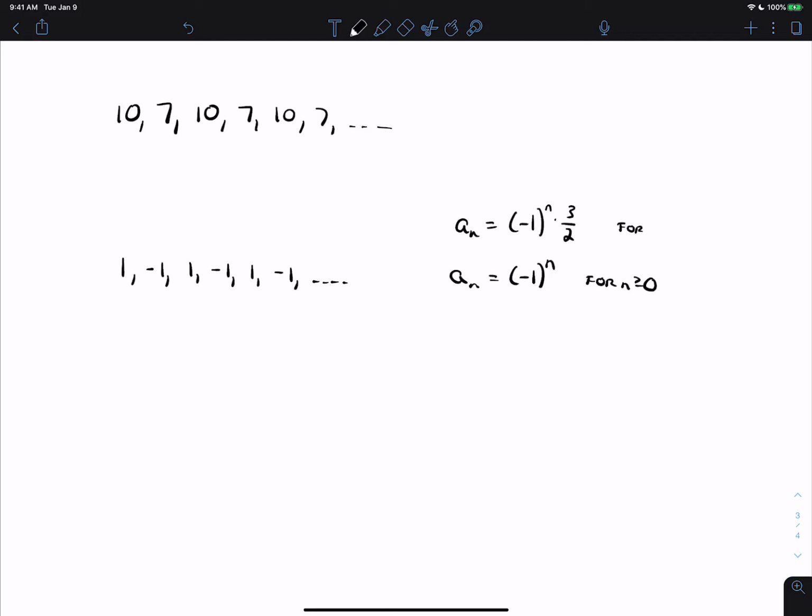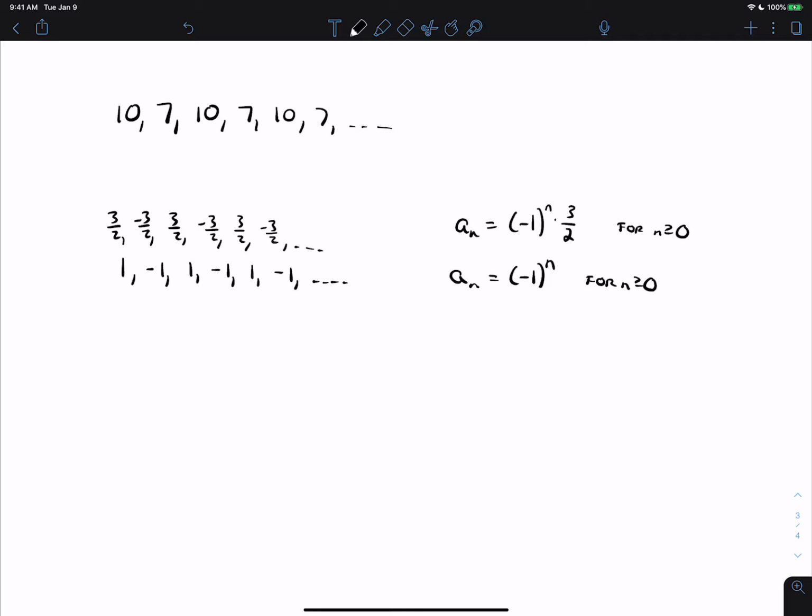Again, for n greater than or equal to 0. So then I get 3 halves, -3 halves, 3 halves, -3 halves, 3 halves, -3 halves, and so on. And that doesn't look like the sequence that we want, but the gap between 3 halves and -3 halves is 6 halves, which is 3, and that is actually what we want.